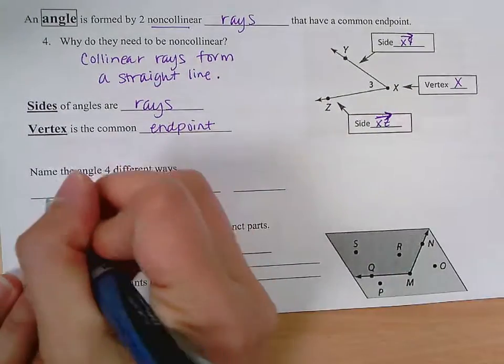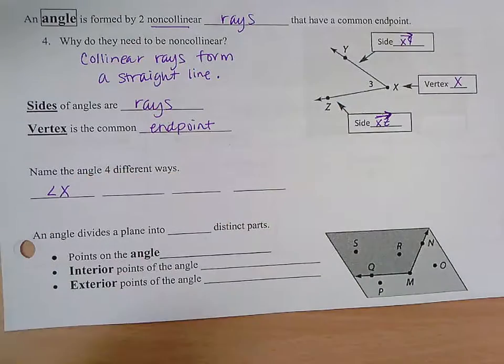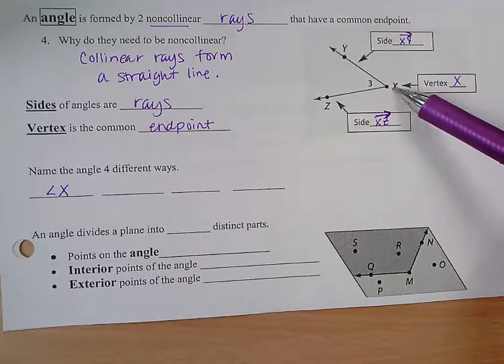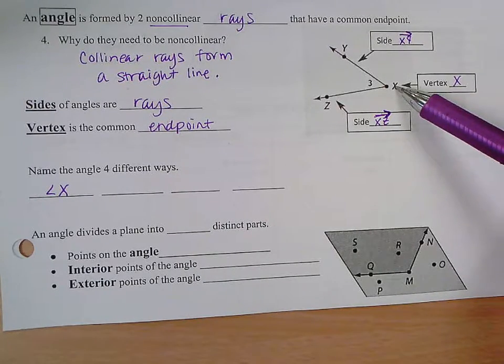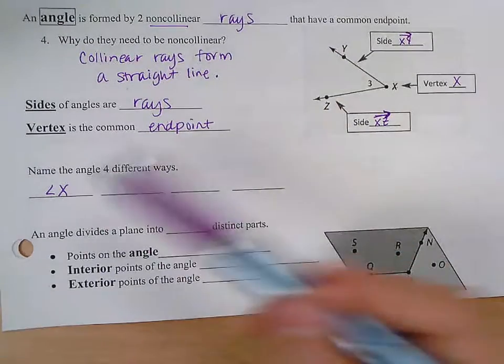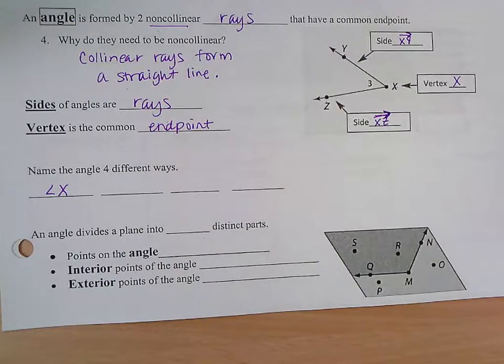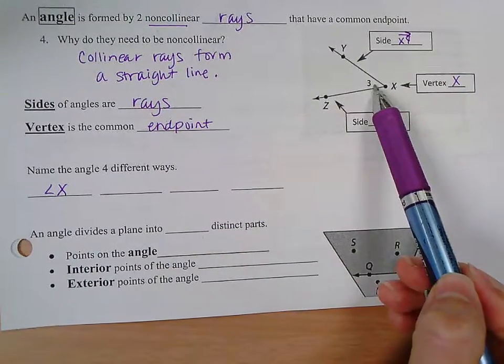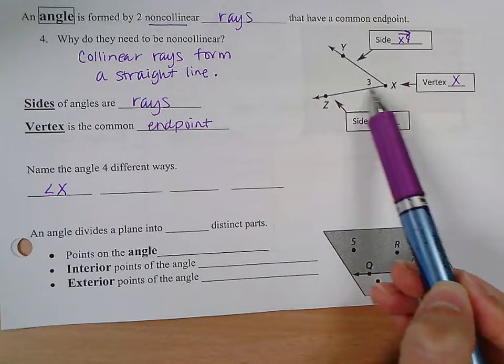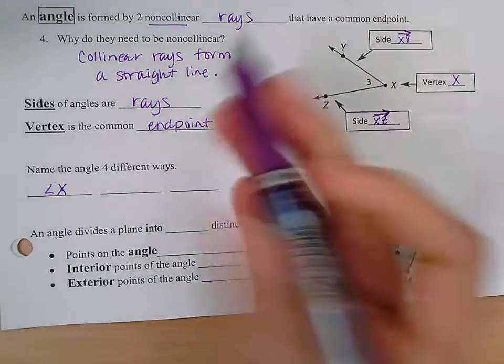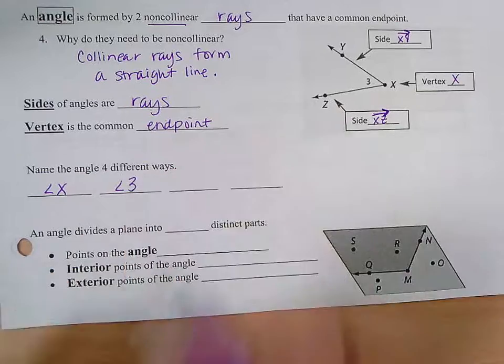So I could call this angle X. As we're going to see in examples, the only time I could call this angle X is as long as there isn't another angle that has the same vertex. So if you have multiple angles that have the same vertex, you don't just want to call it angle X because then you won't know which angle you're talking about. I could also call this angle 3. Since there's a number written inside of that angle, I could call it angle 3.